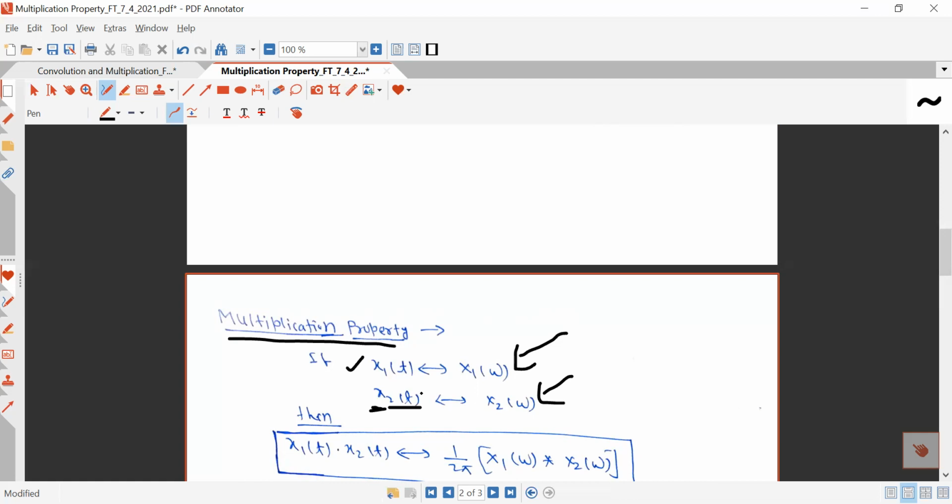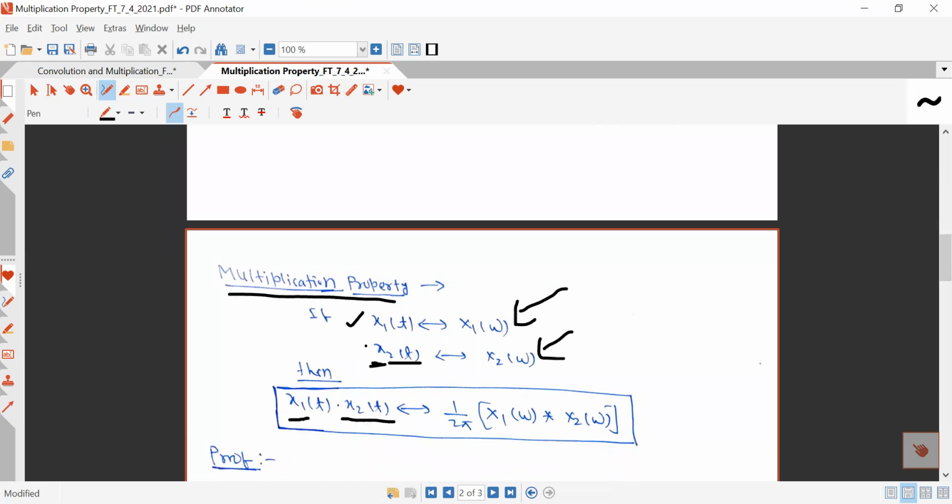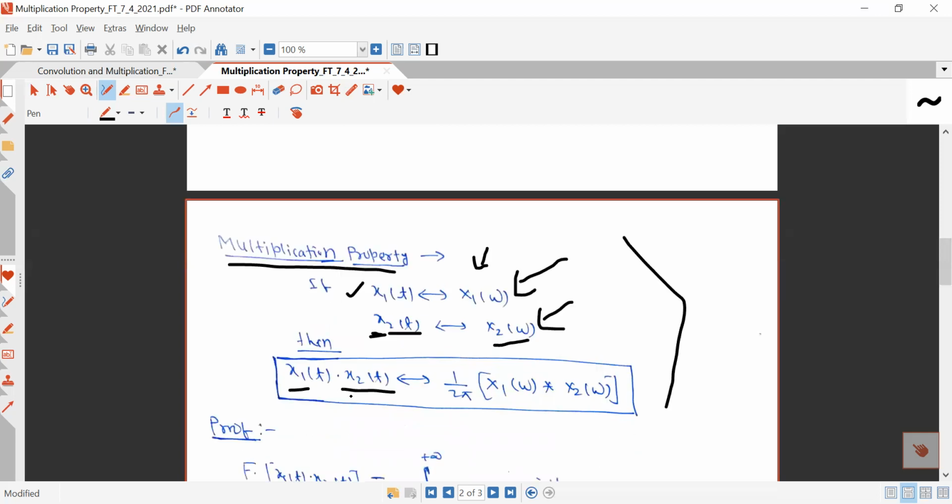The Fourier transform of the product of these two signals x1t and x2t will be equal to 1 by 2 pi of X1 omega convolution X2 omega. So by using this property, you can determine the Fourier transform of the product of two signals. Now I am going to prove this statement.